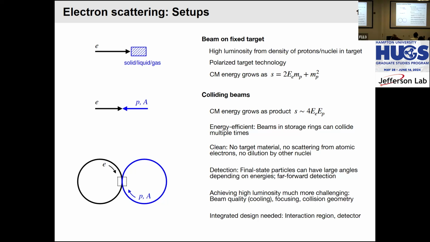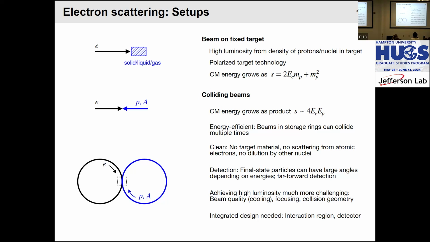Colliding beam experiments also offer new opportunities for detection, because you can have the final state particles emerge at large angles, depending on the incoming center of mass energies.